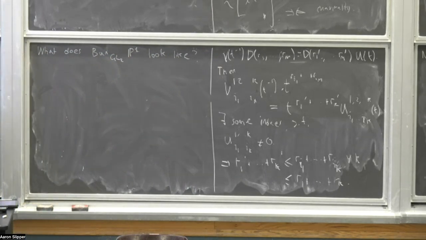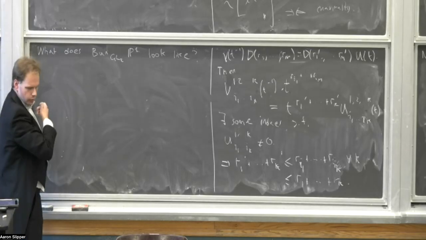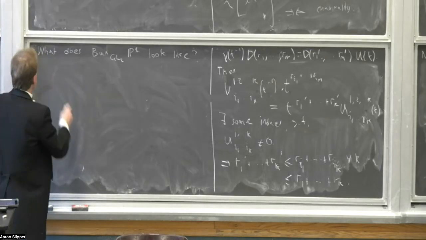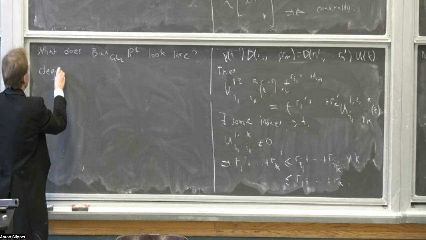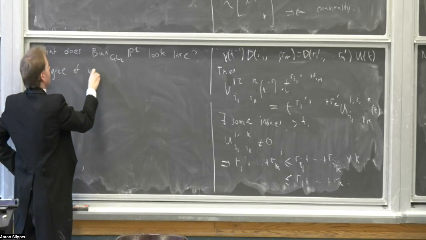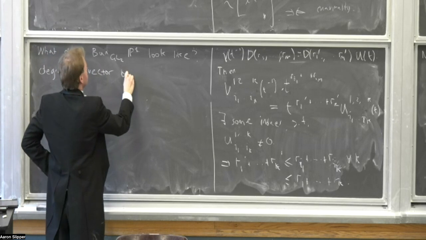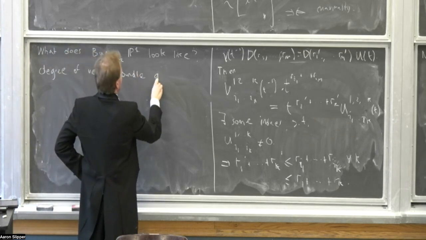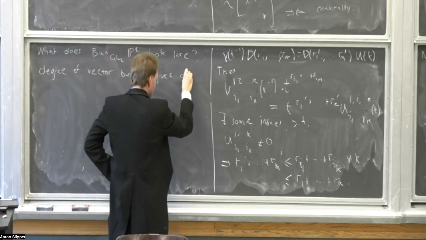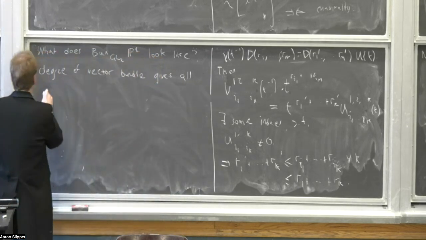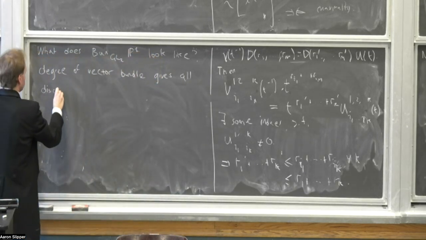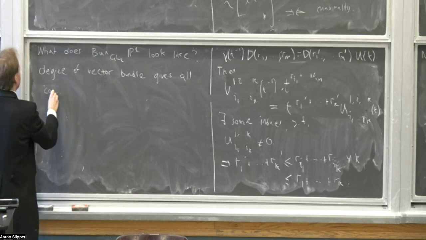So that actually separates the stack into an infinite class of disconnected components. So degree of vector bundle gives all connected components. This is very groovy.